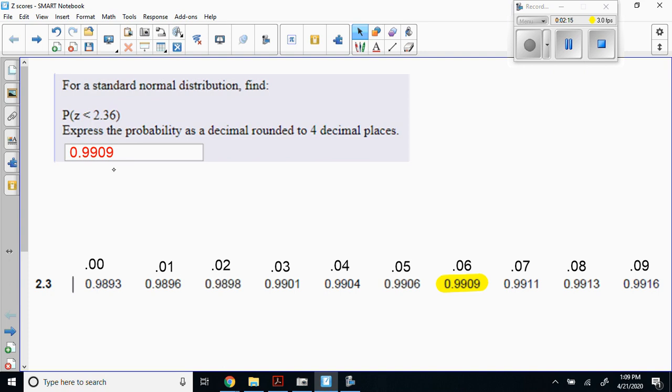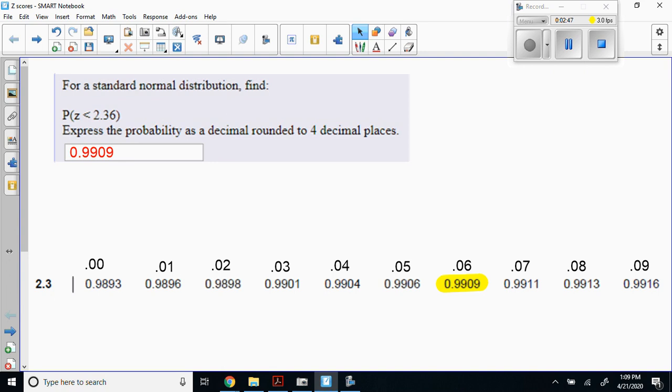So what you do is you go to your z table and you go to the positive 2.3. It'll give you the tenths on the left hand side. Then at the very top, you'll see the hundredths place, like 0, 1, 2, 3, 4, 5, 6, 7, 8, 9.